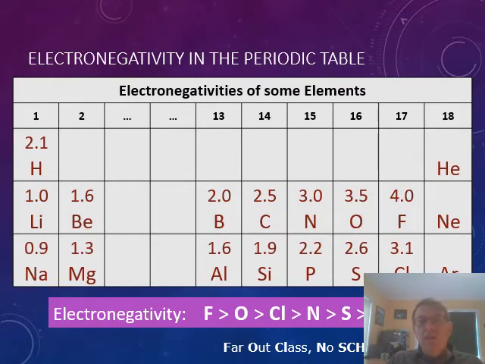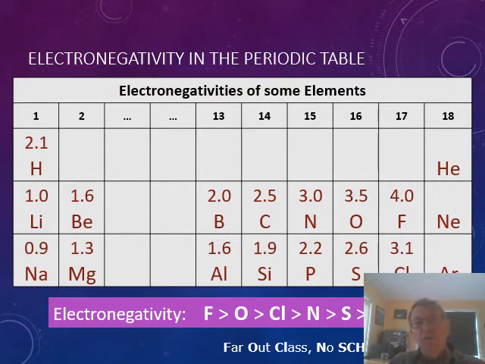So we have a scale here. We see fluorine up there with an electronegativity of 4, and the metals, as I say, are quite low. And in Year 13, you should really know the order of the elements, at least these ones.